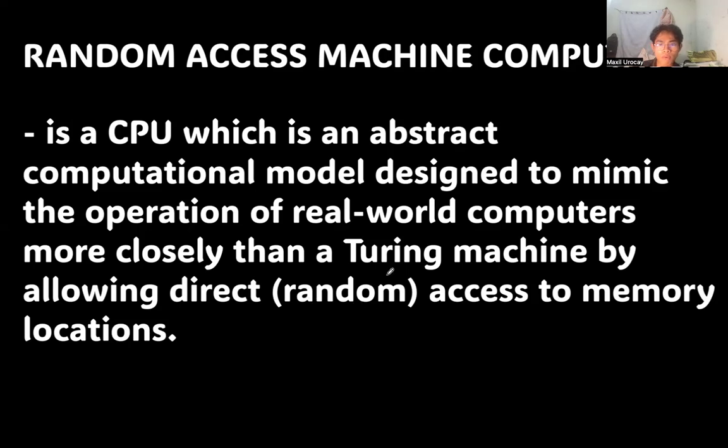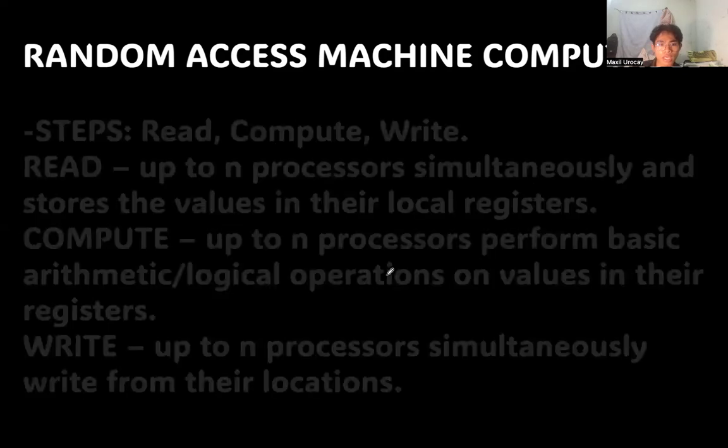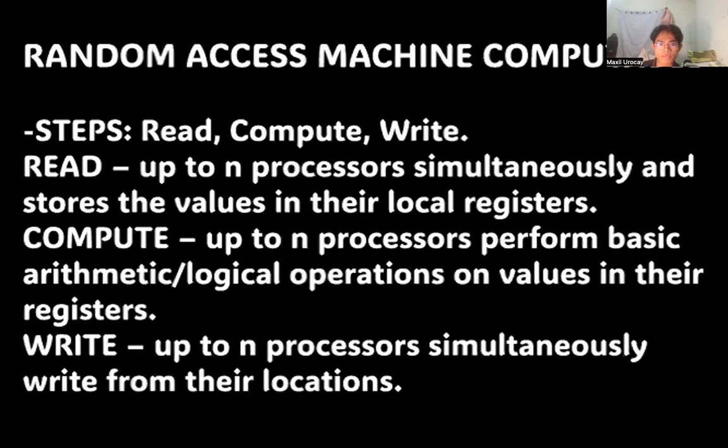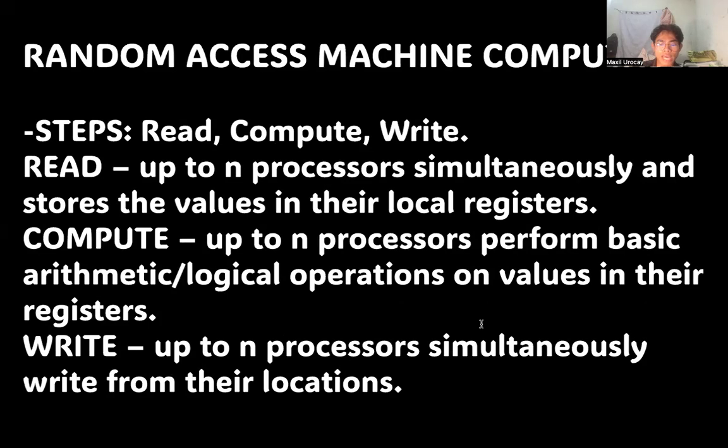In the RAM model, there are specific steps that we follow: read first, then compute, and then write. For reading, up to n processors simultaneously read the data and store the values in their local registers.